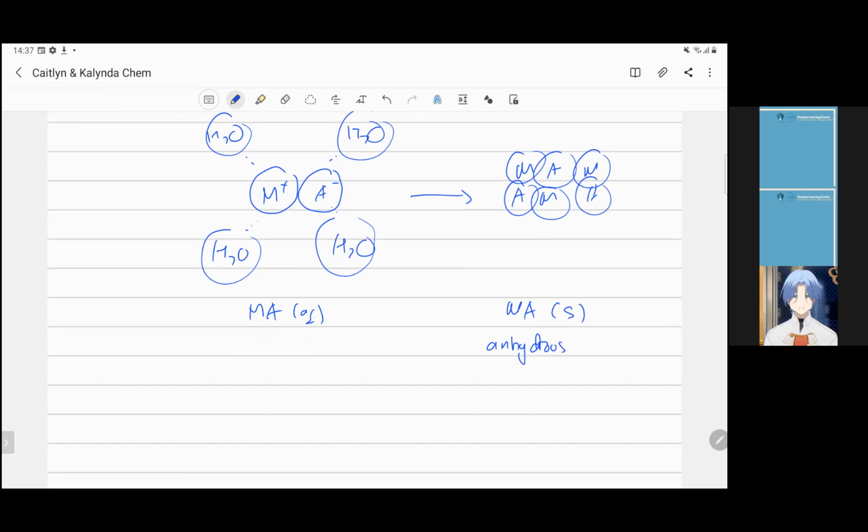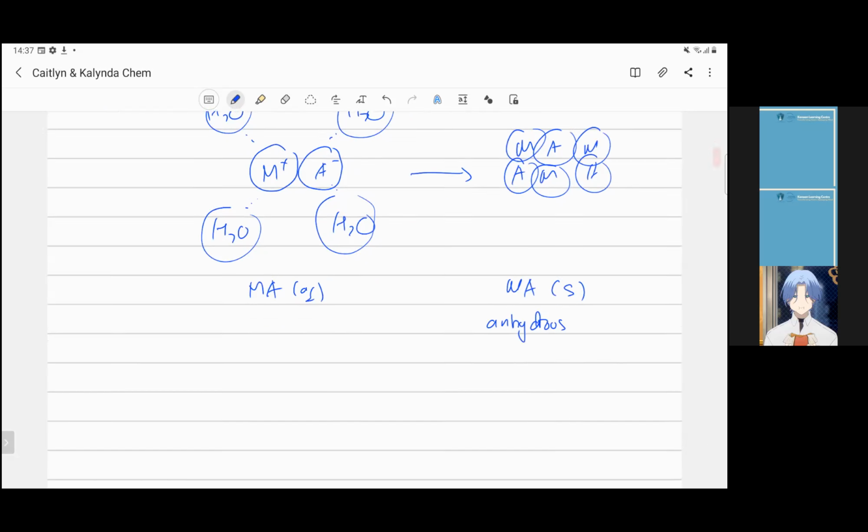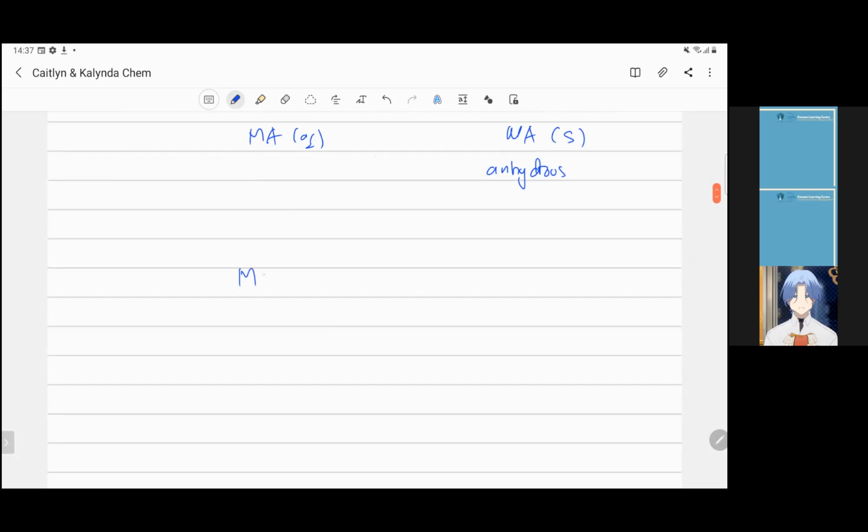What happens if we have hydrated salt? Well, we have initially the same condition here, M and A negative. M stands for metal, A stands for anion. When they are in water, they have initially the same condition, but you cannot see them. They have bonded covalently into them.